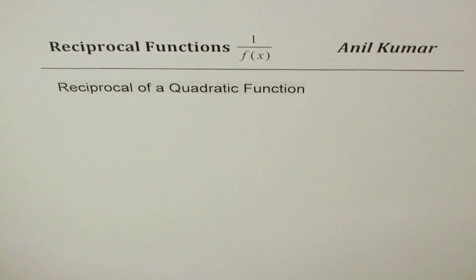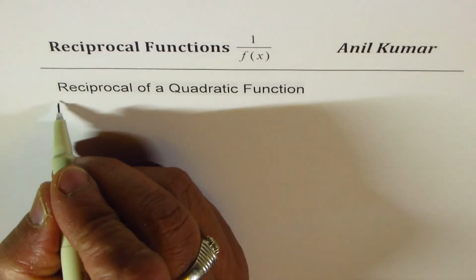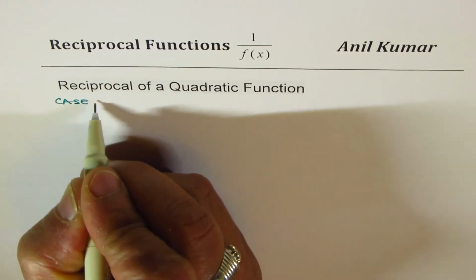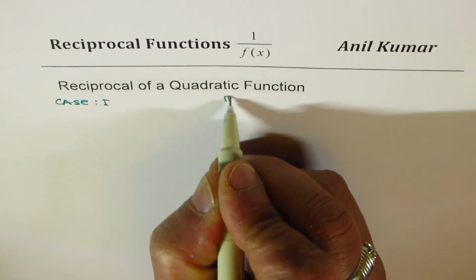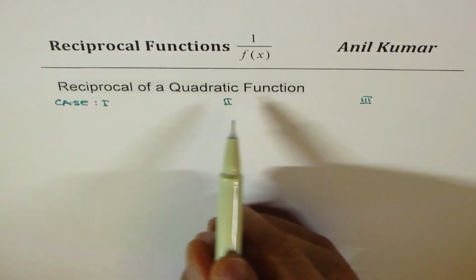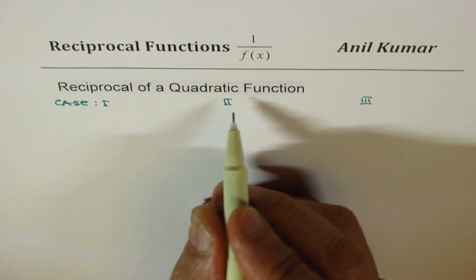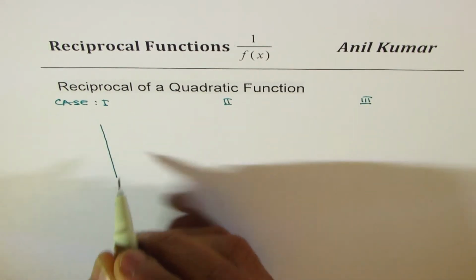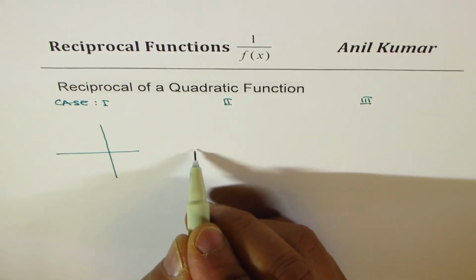Now let me take the reciprocal of a quadratic function. In this particular case, we have three cases: case 1, 2, and 3, depending on the number of zeros of the quadratic function. So let me sketch all three cases clearly.